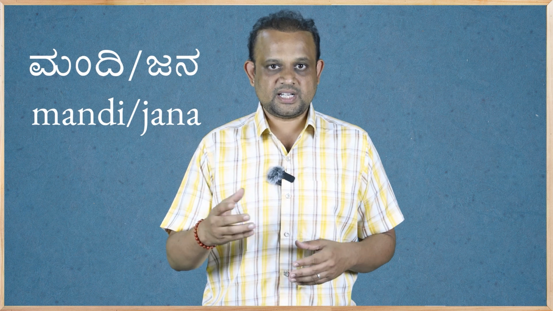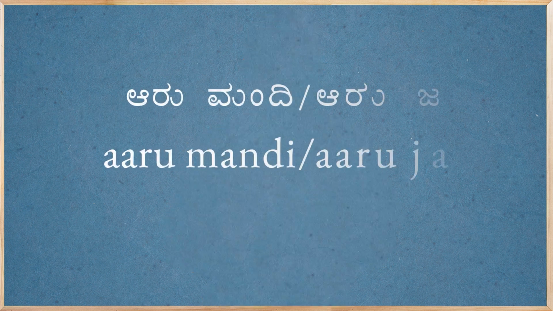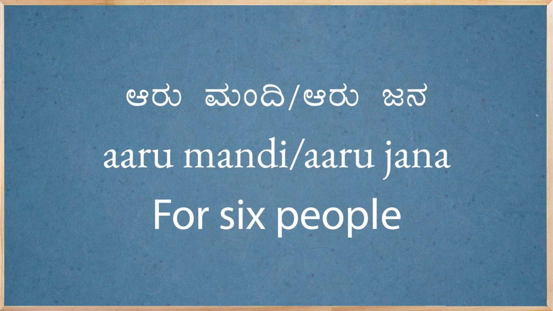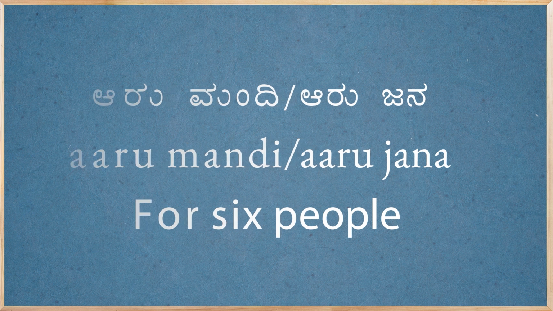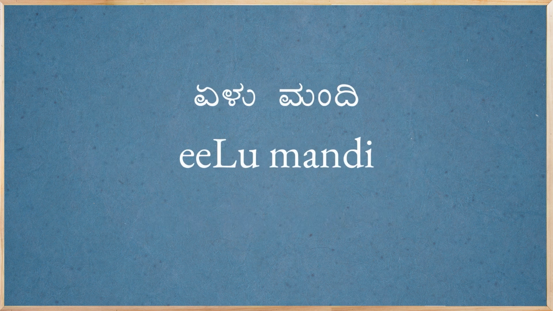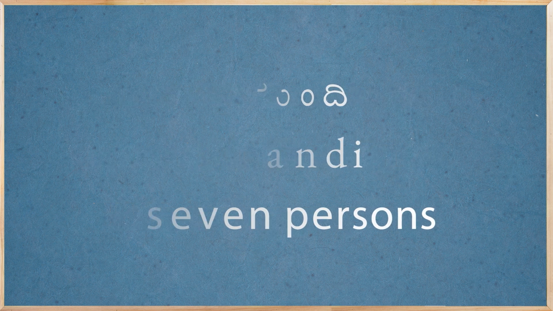This specific usage applies up to 5 people. Beyond that, we use numerals followed by the word mandi or jana. For example, ಆರು ಮಂದಿ for 6 people or ಆರು ಜನ, ಏಳು ಮಂದಿ for 7 persons and so on. Isn't it fascinating how Kannada has such unique ways to express these concepts?